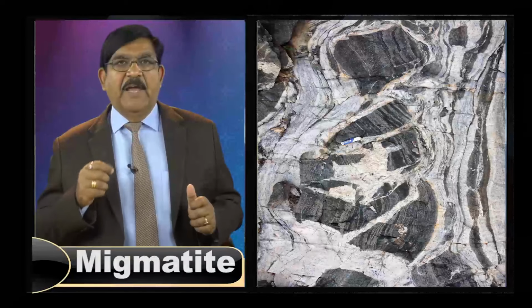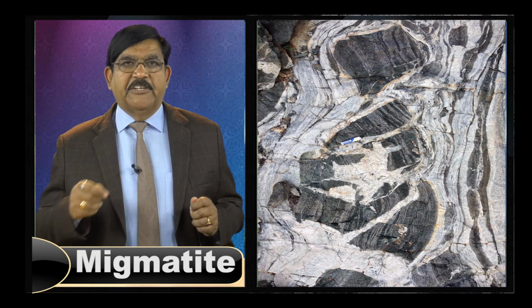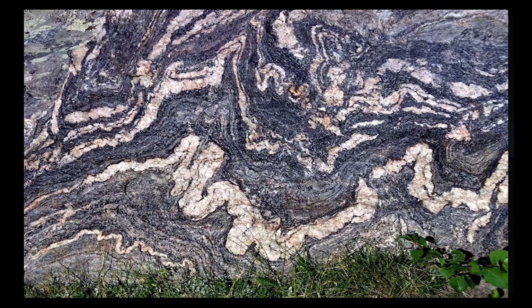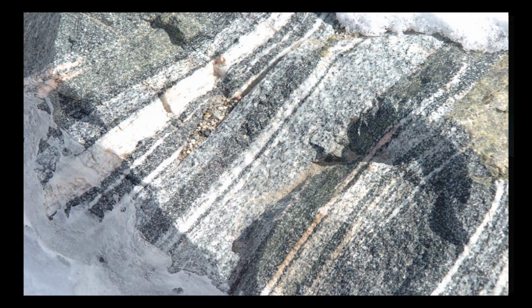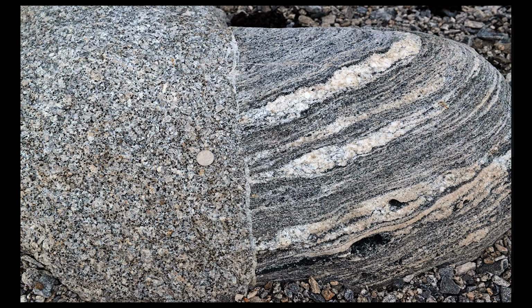Migmatite is a megascopically composite rock made up of biotite-rich dark bands and quartz-feldspar-rich light bands, which appear to have formed either by metamorphic differentiation or by partial melting in high-grade metamorphism. Several types of migmatites are distinguishable depending on the mutual relationship and geometrical shape of the dark and light bands.